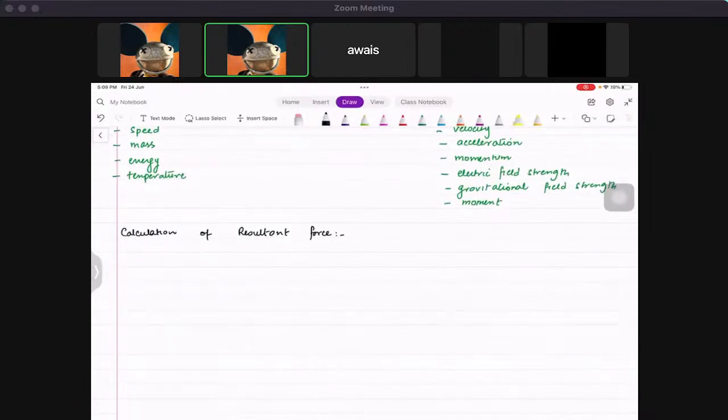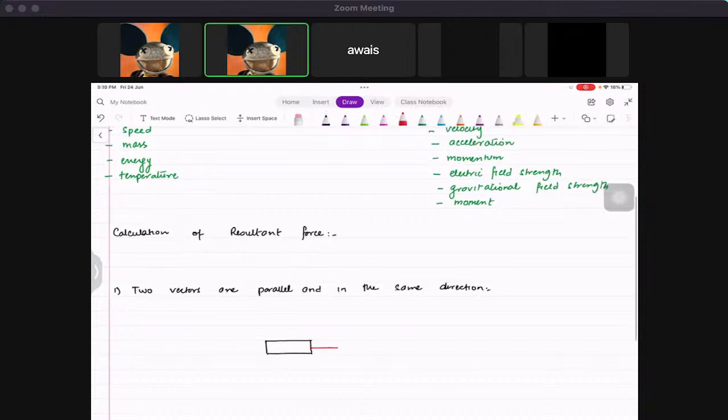So first of all, we should know what to do if two vectors are parallel and in the same direction. Suppose there is a body, one vector is like 10 newtons here, one vector is like 5 newtons here.